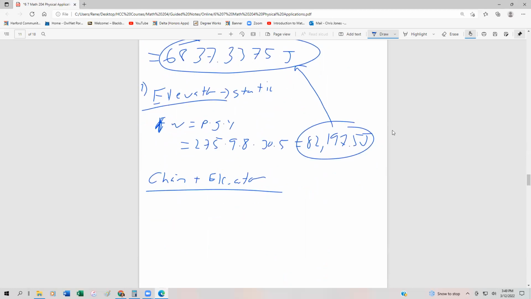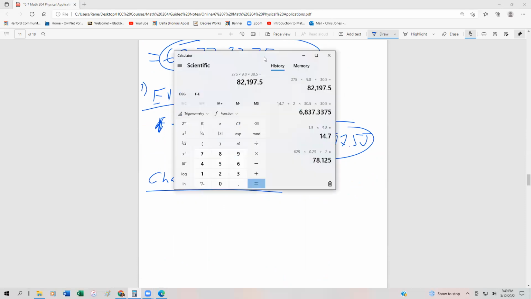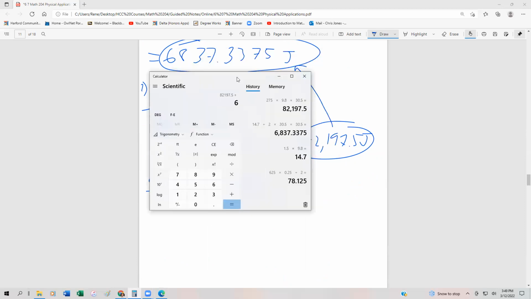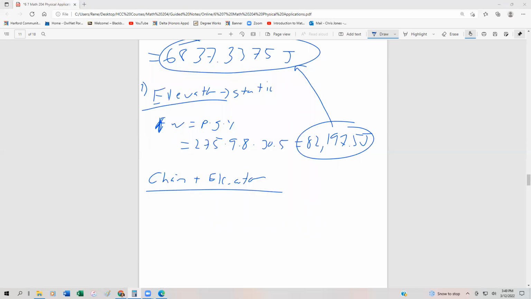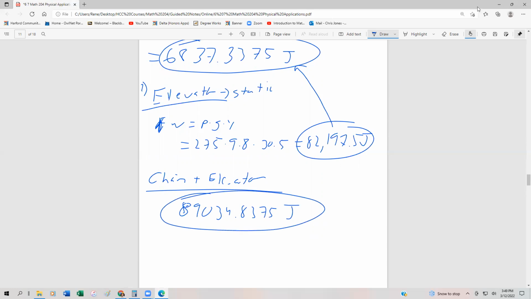So we're just going to take the 82,197.5 that we just got and add that to 6,837.3375, and we get 89,034.8375 joules to be able to pull that up the shaft.